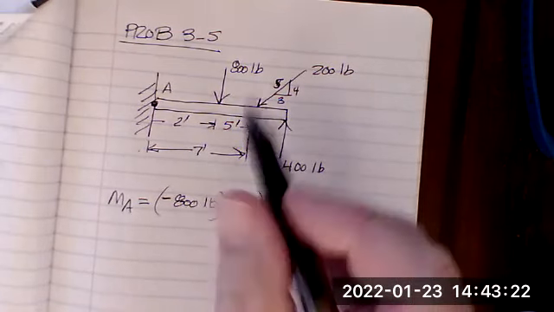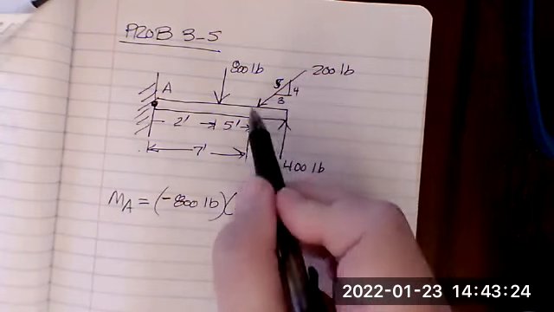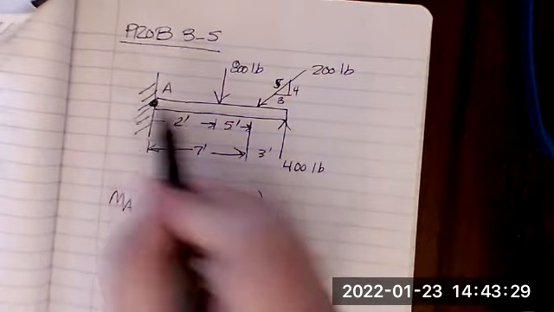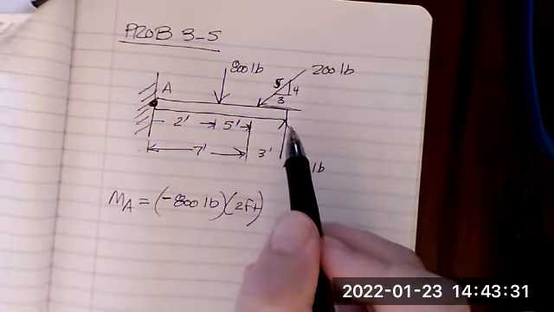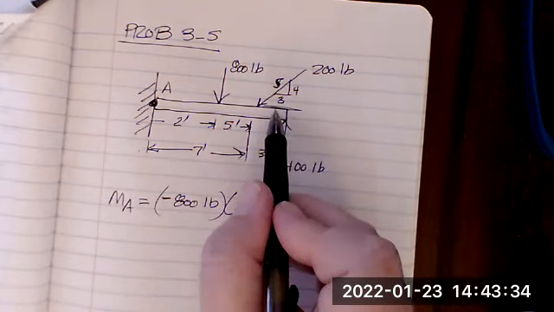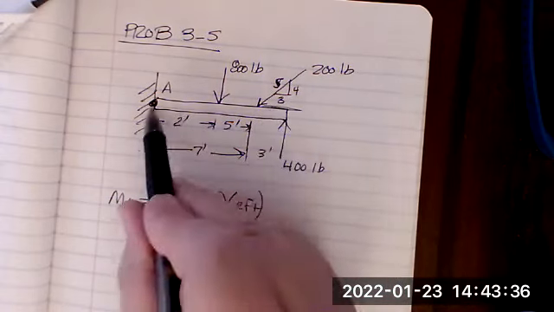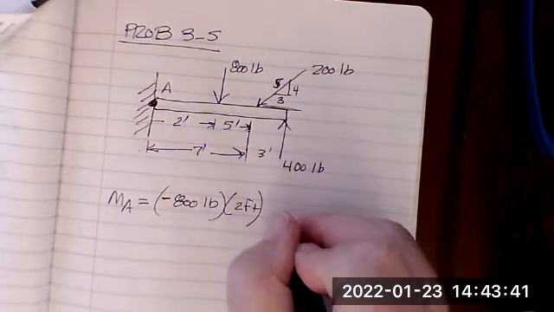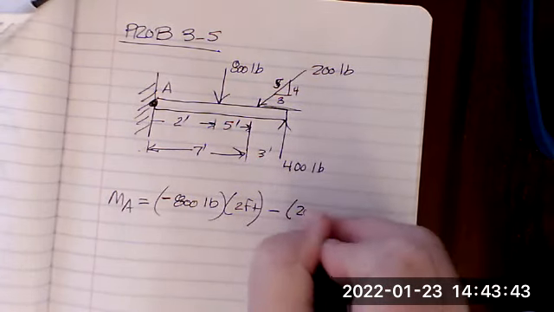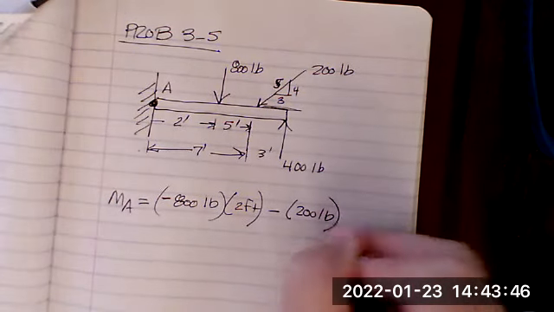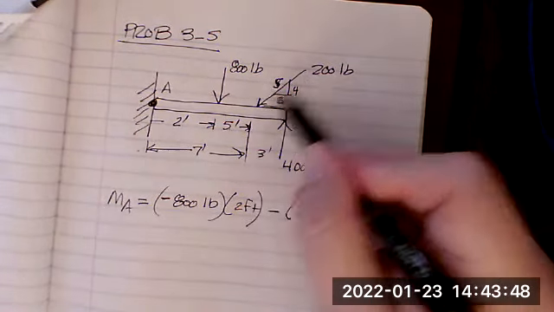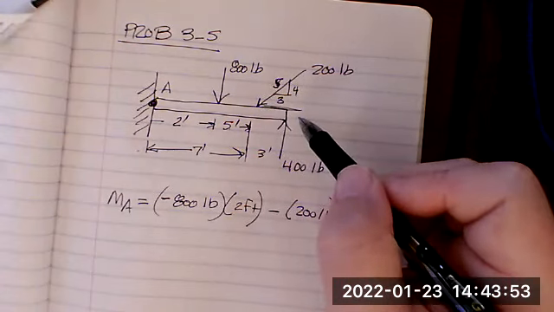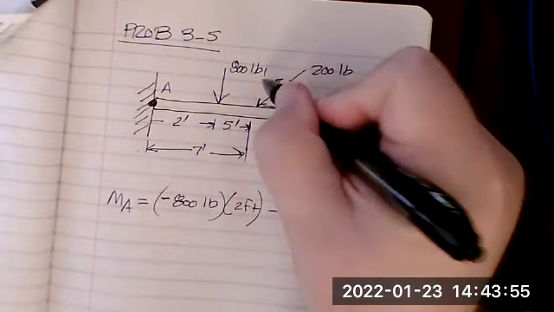Okay. Then we have this force being applied. Here we have the same issue: the horizontal force is not going to contribute to the moment here because it's going to intersect point A if you were to extend it. So minus 200 pounds times, now we said that the horizontal component will not contribute, but the vertical component of the force will.